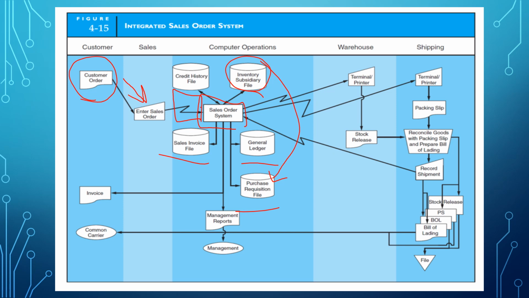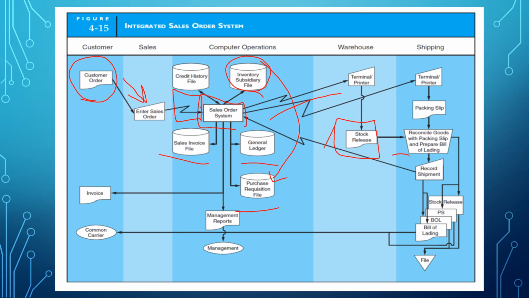Then we have real time, meaning within a second there is an update and process to the terminal to update the shipping of goods in the warehouse department. We will print out the stock release, and then process the shipment.